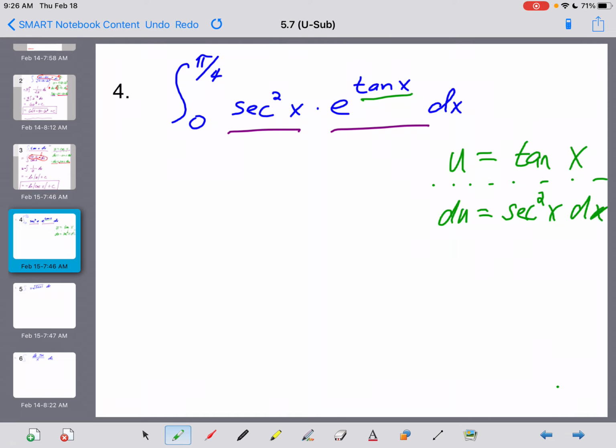And if we think about where we're at right now, guys, let's take a look. This right here becomes your primary substitution. And then everything else that's left over, secant squared of x times dx, that's your secondary substitution, and I've got that covered already. So, where are we?